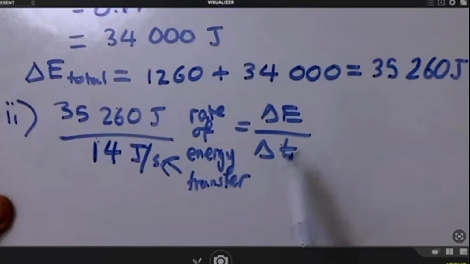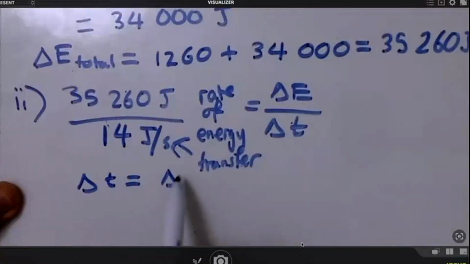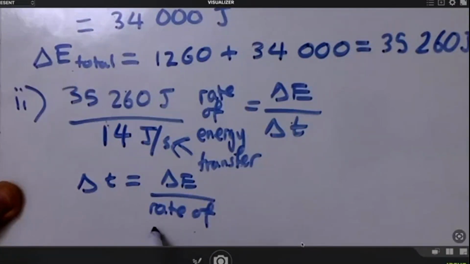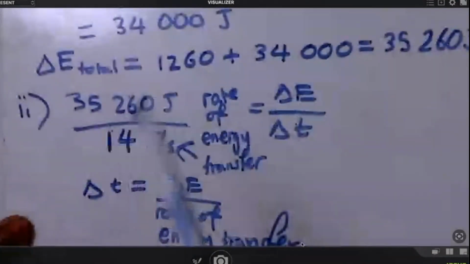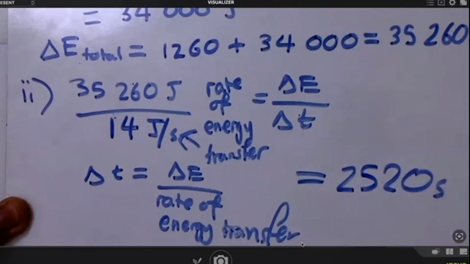So I'm going to make delta T the subject. So delta T is equal to delta E divided by rate of energy transfer, and that's what I've got here. So delta E is on the top and rate of energy transfer is on the bottom. Do that in your calculator, 35260 over 14, and you should get, in seconds, 2,520 seconds.